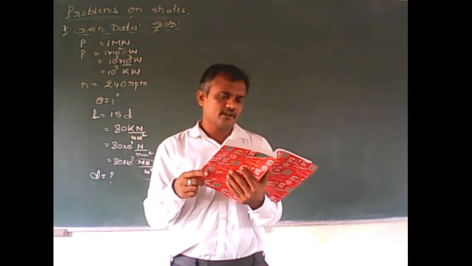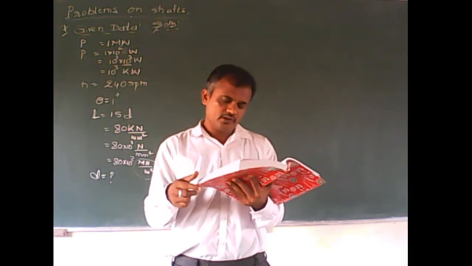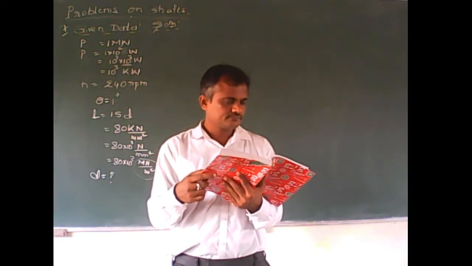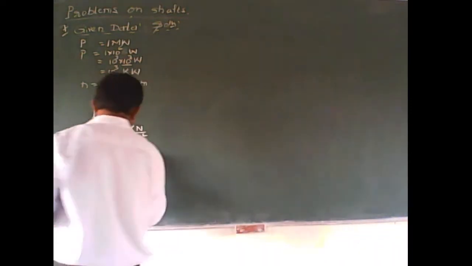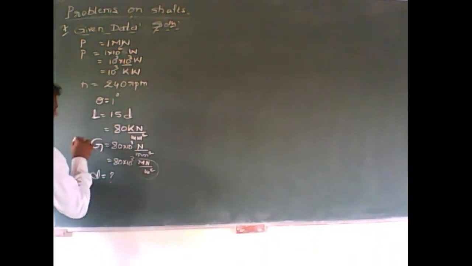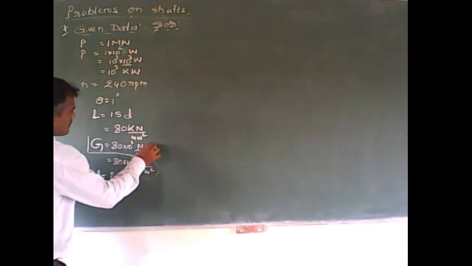It is better you take it as the modulus of rigidity. Okay, so I can take it as G, and I will write it as capital G. So this is also very important.